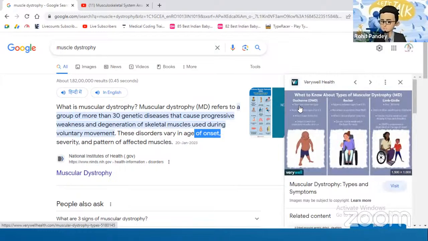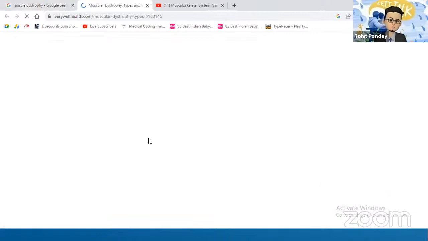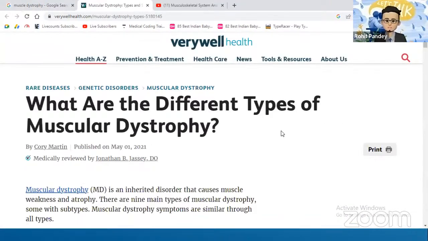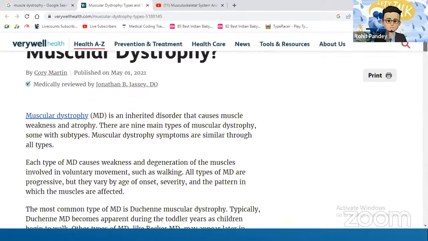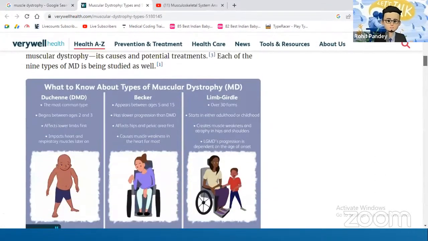Here you can see Duchenne, DMD, Becker, limb girdle. These are types of muscular dystrophy. What are the different types? Duchenne, the most common type, begins between 2 and 3, affects the lower limbs first, and impacts heart and respiratory muscles later on.